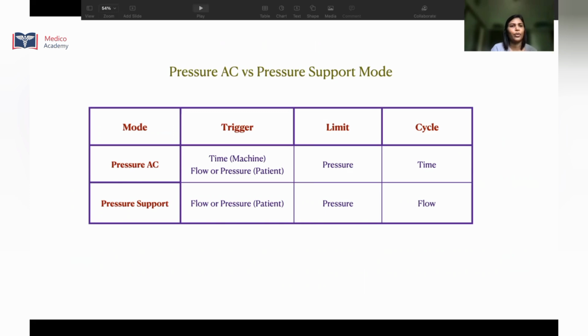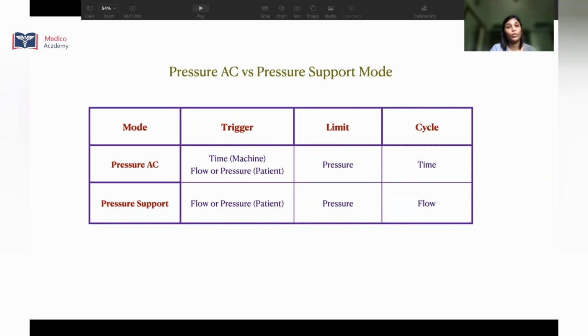Whereas in pressure support, it's always the patient who triggers the breath, by a drop in flow or drop in pressure. The limit is the same in both modes: pressure is the limit in both. How about the cycle variable? That is different. In pressure assist control, it's the time. After a particular inspiratory time, it will cycle back to expiration.